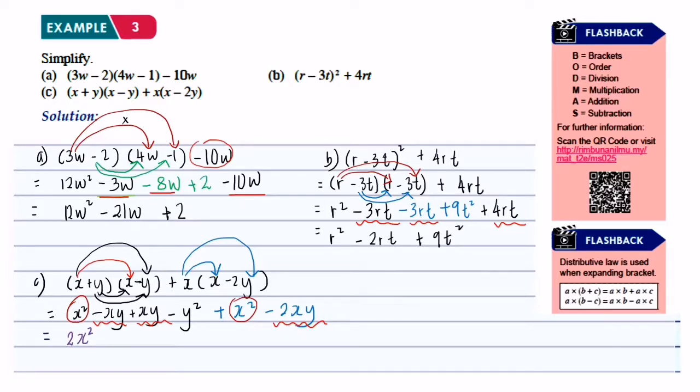Okay, and negative sy plus sy minus 2sy: negative sy plus sy equals 0. And we have another negative 2sy here, so I just write down negative 2sy. Okay, how about y? You just copy it down. So minus y squared.